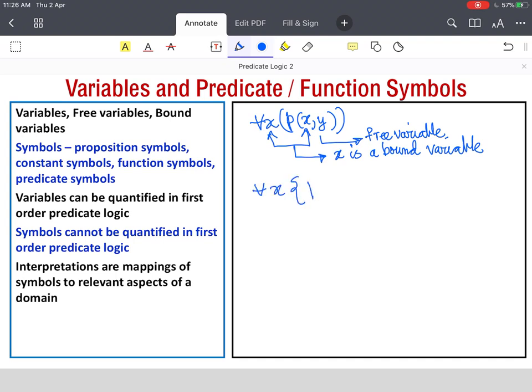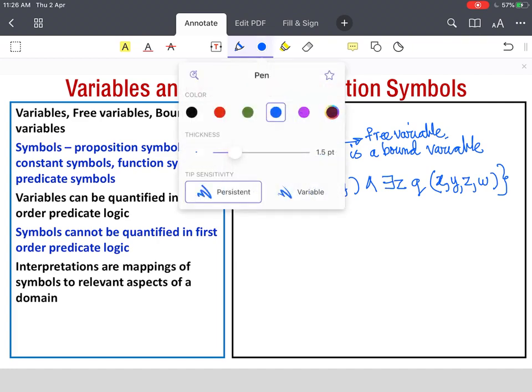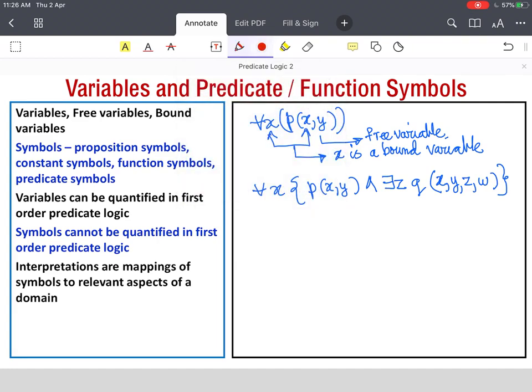Now we could write a more complex expression: for all x, P(x, y), and there exists z, Q(x, y, z, w). Let us analyze this carefully. We will notice that this quantifier binds this variable x.